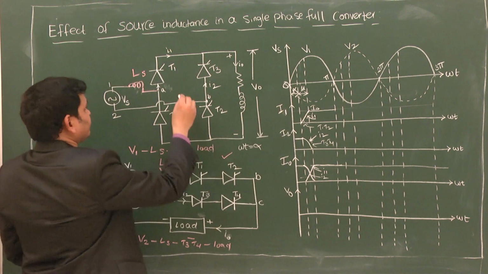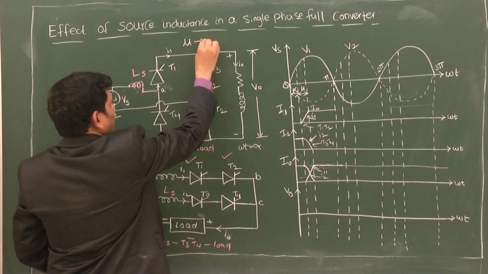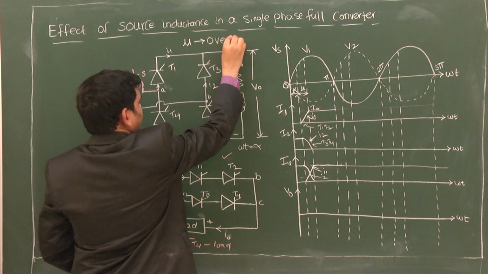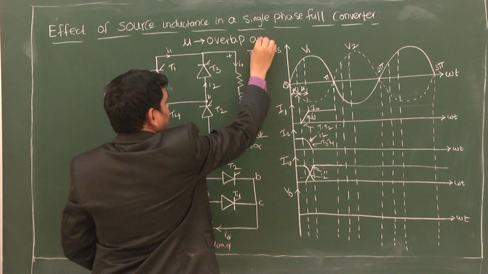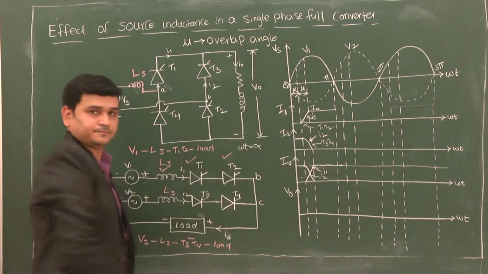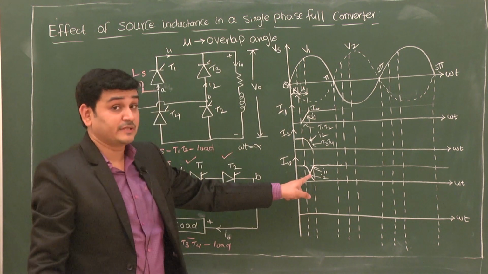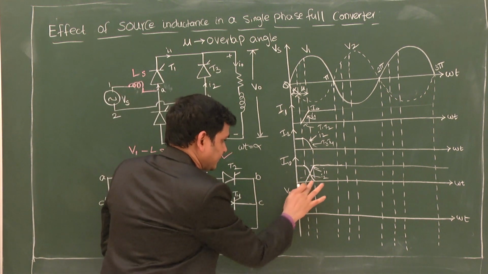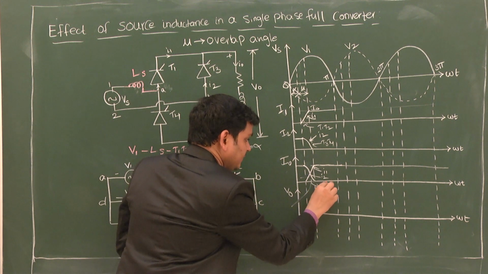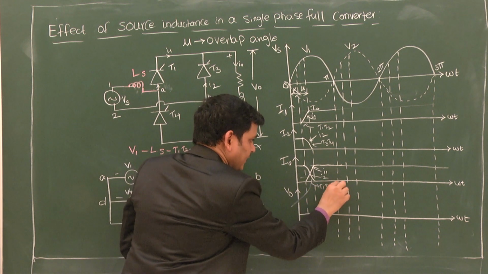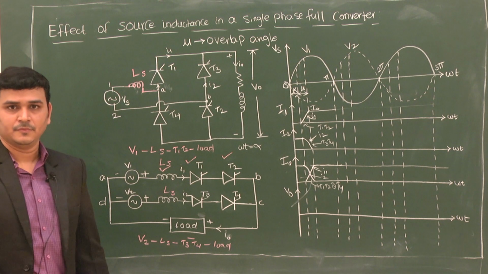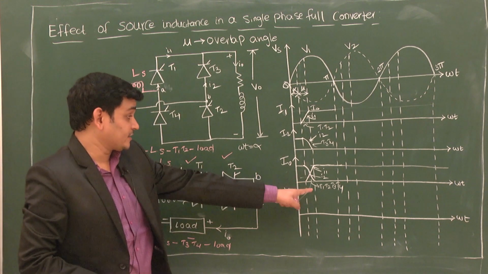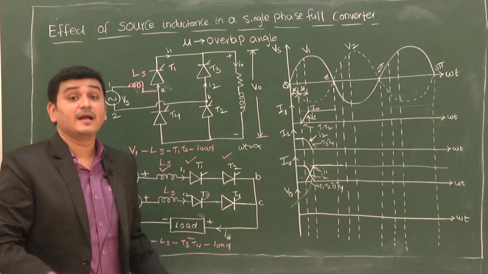So mu is called the overlap angle. In this duration, the thyristors that are conducting are T1, T2, T3 and T4. Right? So when these four are conducting, what will happen?